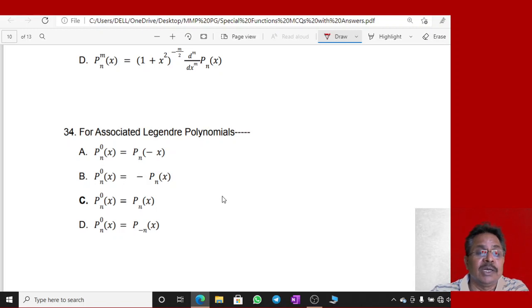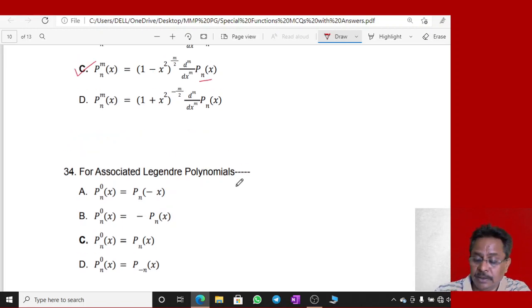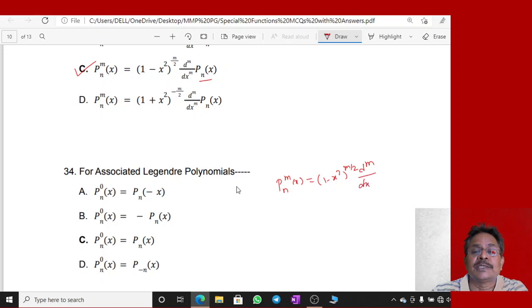So out of this, as we have just seen, again you can take the help of this example here. According to our definition, Pnm(x) is defined as (1 − x²)^(m/2) multiplied by d^m/dx^m of Pn(x). So here we have to put m = 0. Therefore I write Pn0(x).